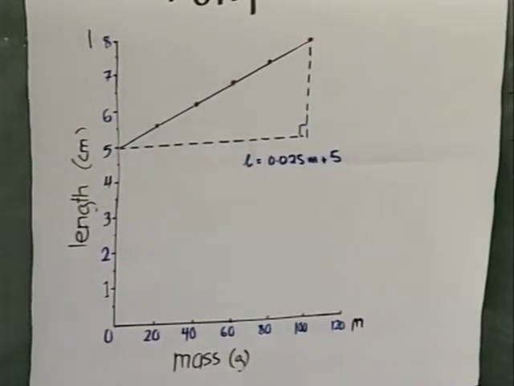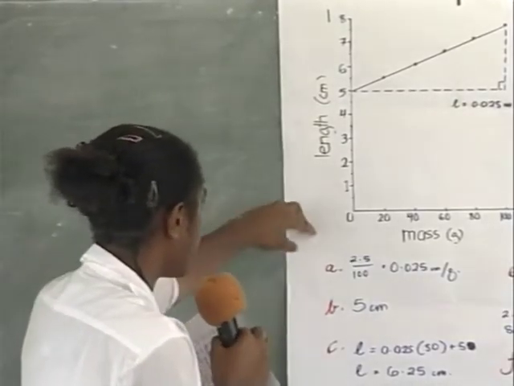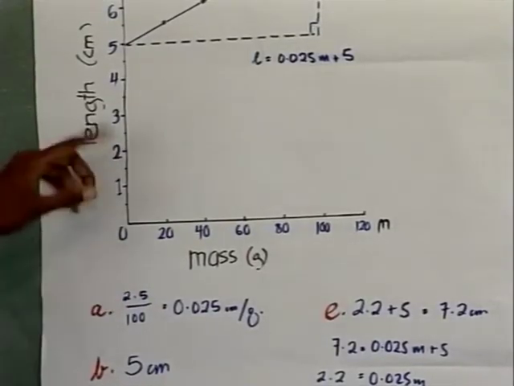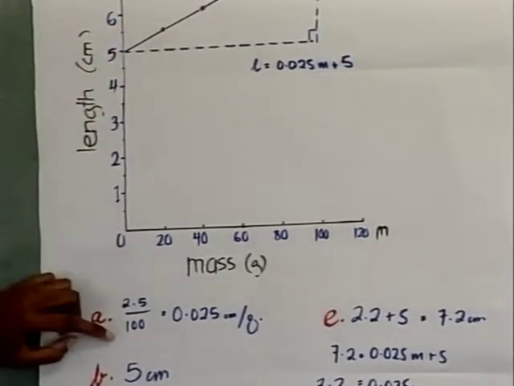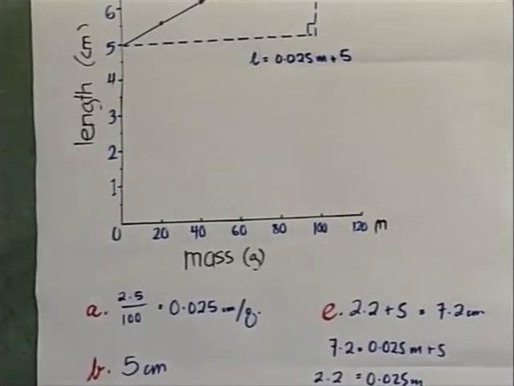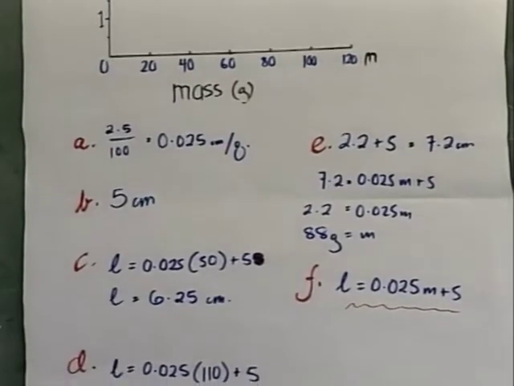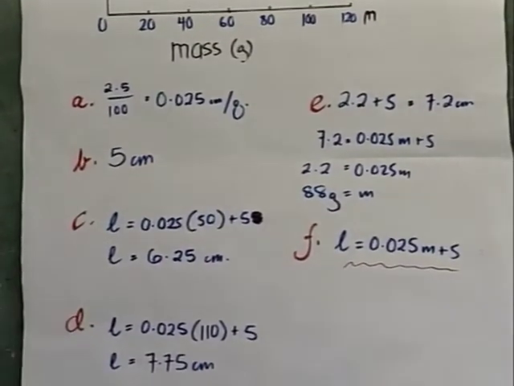Question A reads, what is the extension per gram? The extension per gram, we got rise over run, which is 2.5 centimeters over 100 grams, which equals 0.025 centimeters per gram. Question B reads, what is the unstretched length?